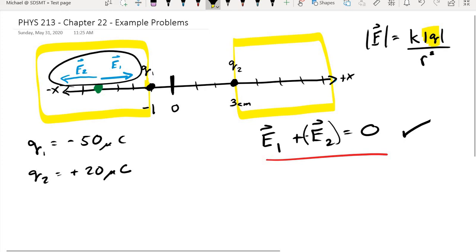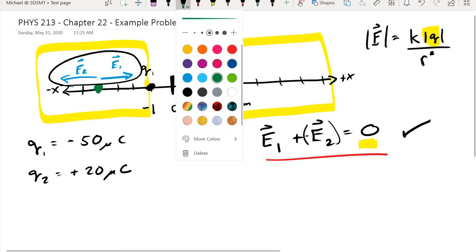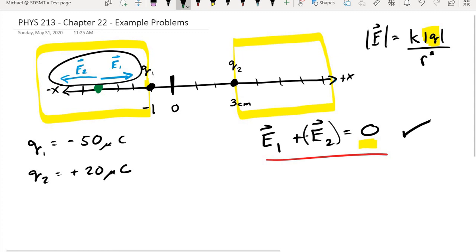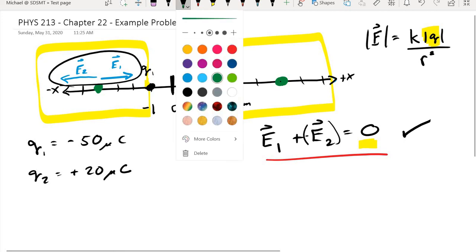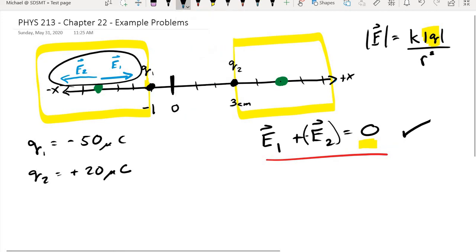And so now we're kind of faced with the possibility that there could be more than one point in this system where the electric field could add up to 0. So let's see what happens if we have a point somewhere to the right of charge 2. And I'll just pick this random point right here. Field from charge 1 has to point towards charge 1 because charge 1 is a negative charge.